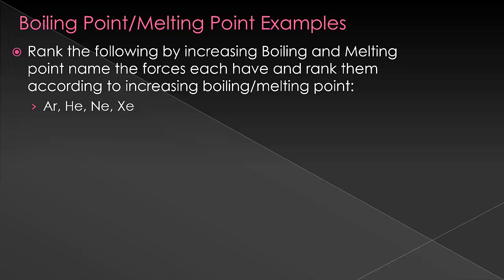If you have fewer intermolecular forces, you'll have a lower boiling point. Here, since we don't have any dipole-dipole or hydrogen bonding, all we're looking at is dispersion forces. And the more electrons you have, the more dispersion forces you have. So the order here will be the same as the order on the periodic table, with helium going up to xenon, because helium has the least amount of electrons while xenon has the most.